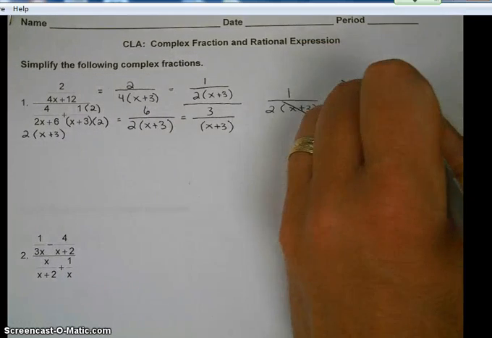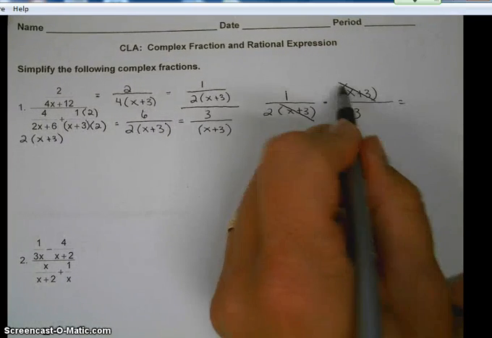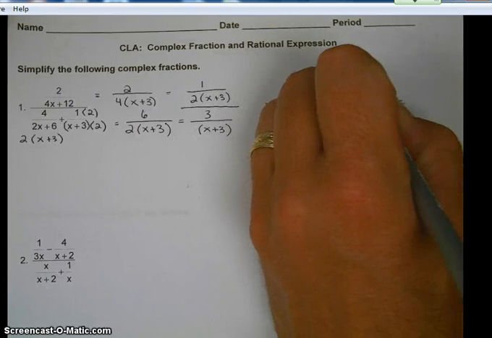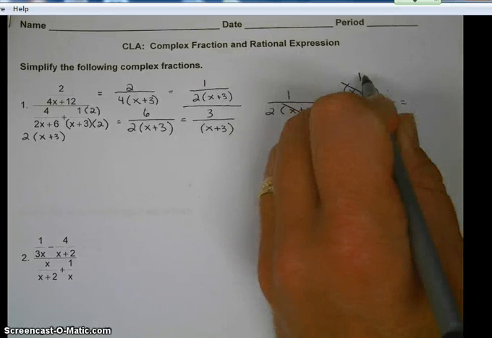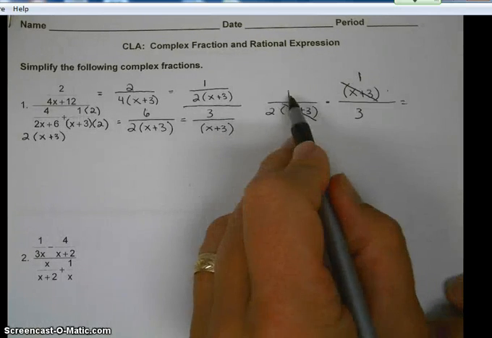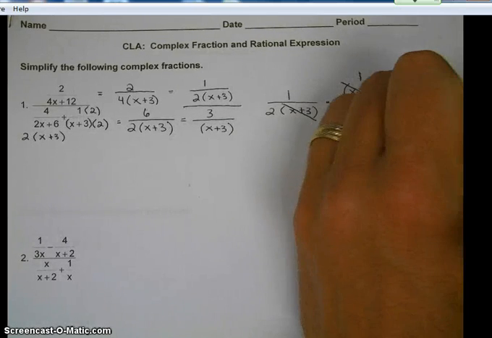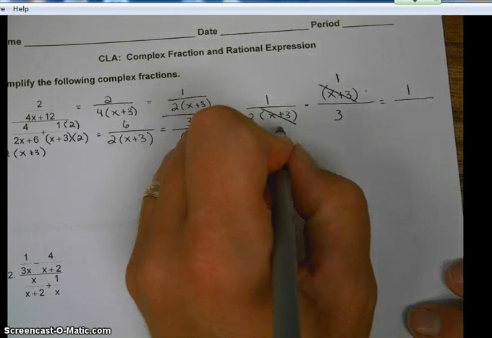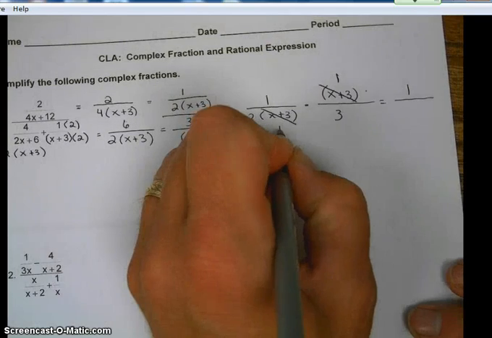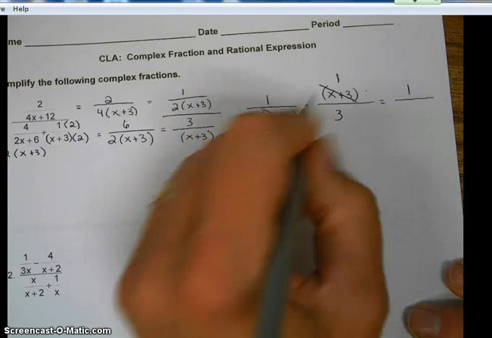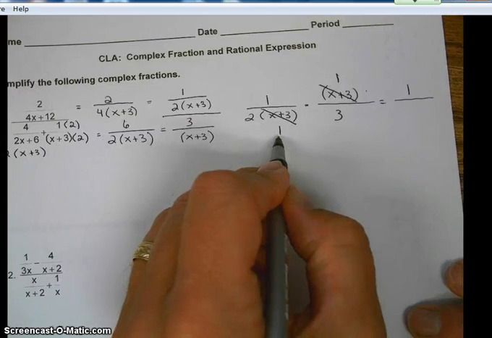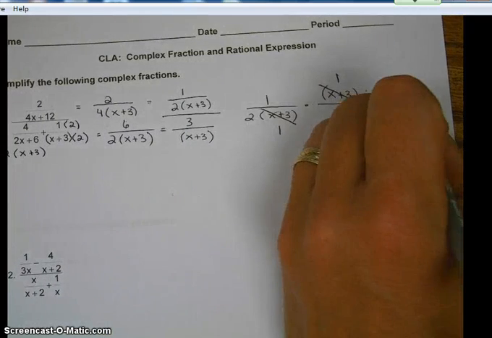And now remember, when you cancel, that leaves a 1 in its place. If there's nothing here, you have to put a 1 here. So 1 times 1 is 1. And then here, this becomes 1 as well, okay? Because when you cancel, it's 1 over 1. So 2 times 1 is just 2, times 3 is 6.